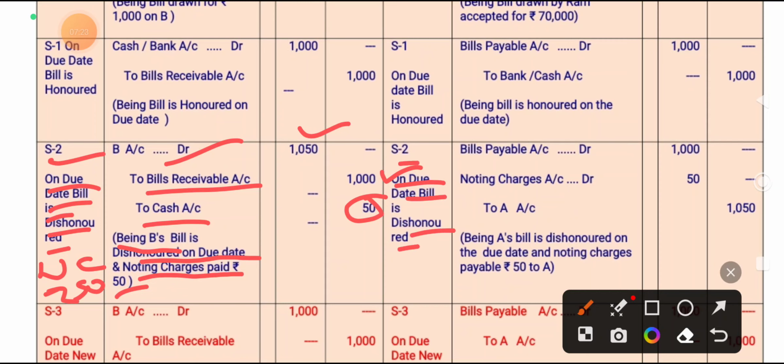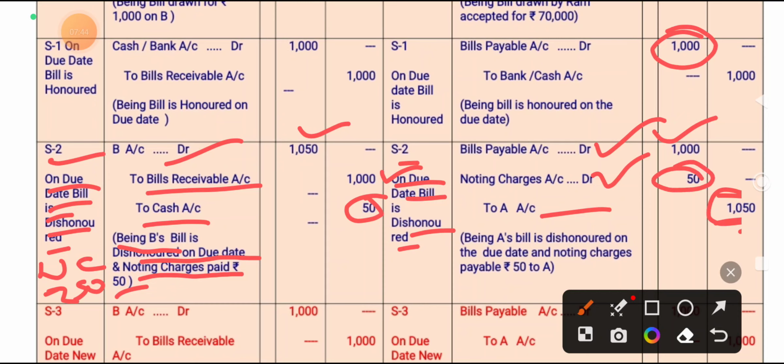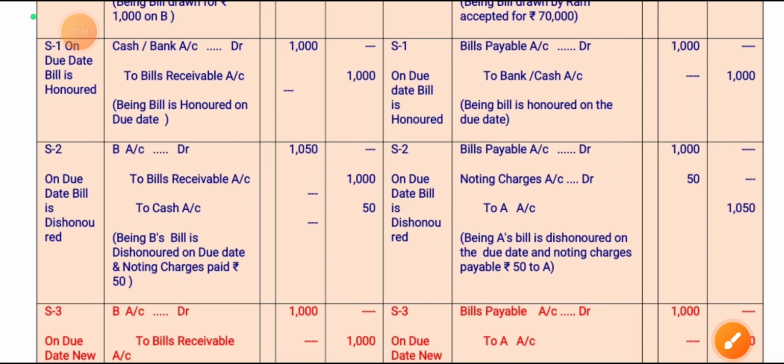Then in situation 2, bills payable account will be debited, noting charges account will be debited to A's account because he needs to pay A rupees 1050. Bills payable will be debited with the 1000, that is the original bill amount, and noting charges extra he has to pay 50 rupees, so that has been debited.